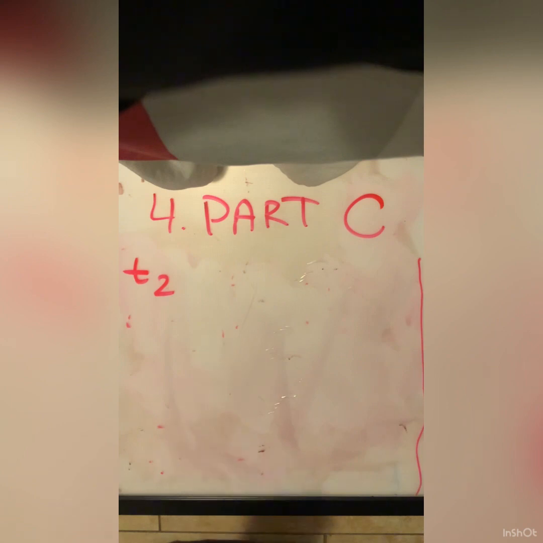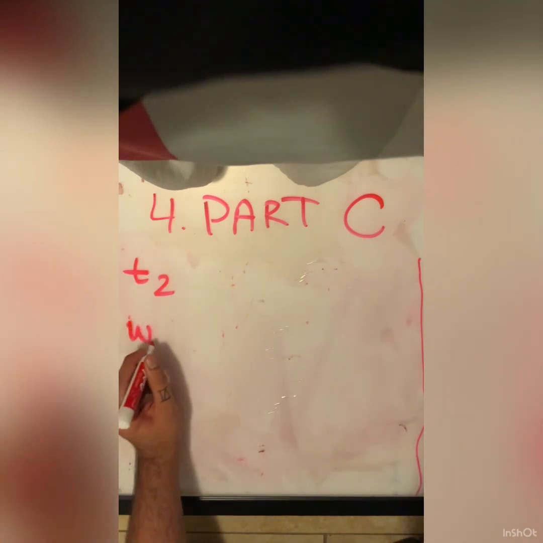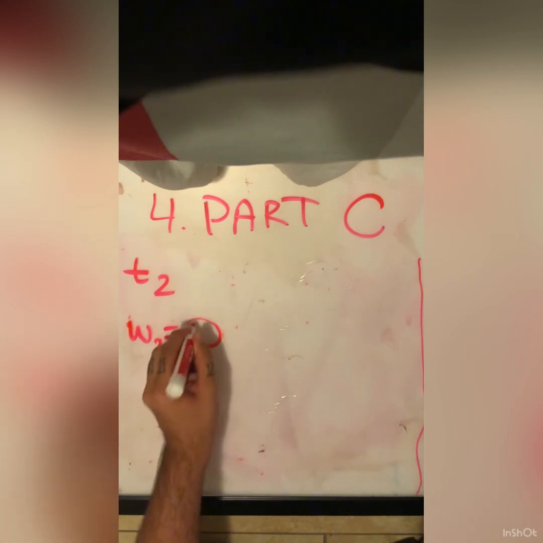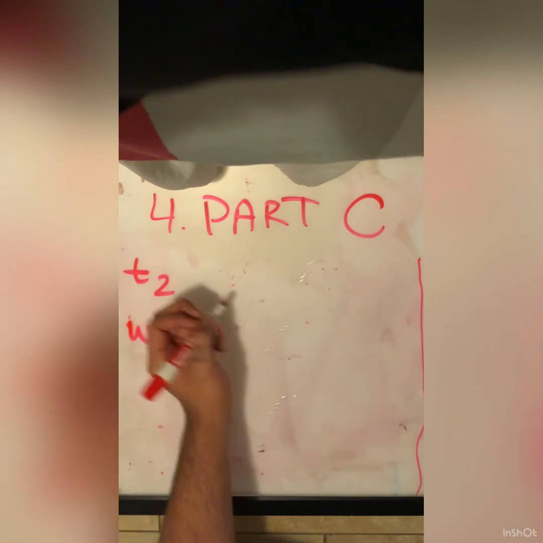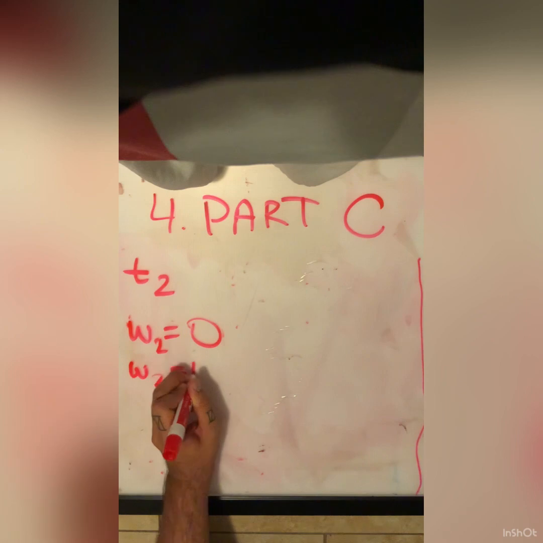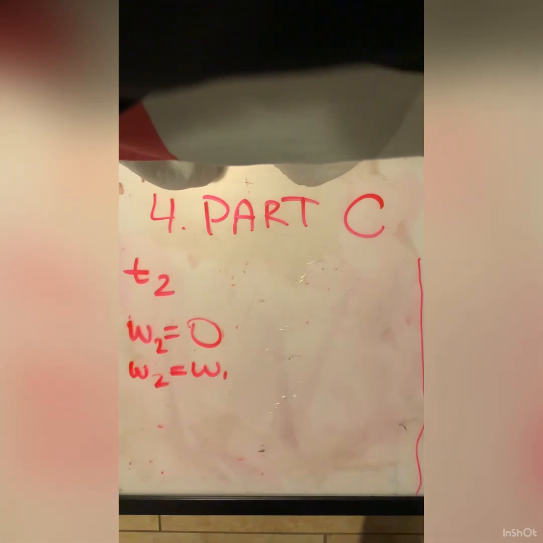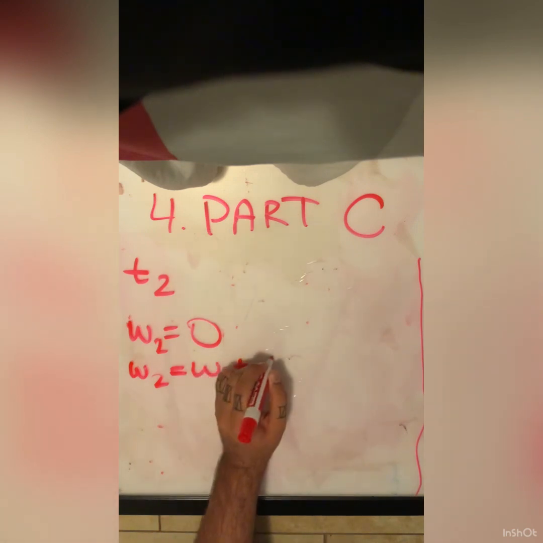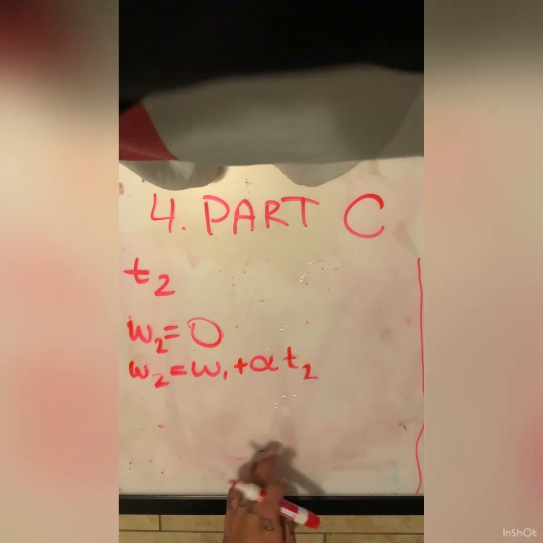So we can assume that the final angular velocity is equal to 0, and the equation we're going to use for this problem is: the second angular velocity is equal to the first angular velocity plus acceleration times the second time.